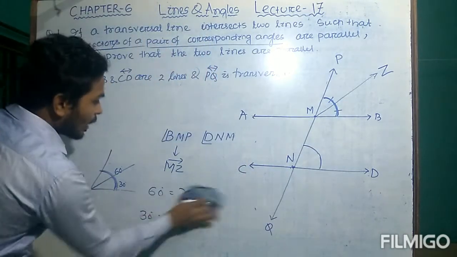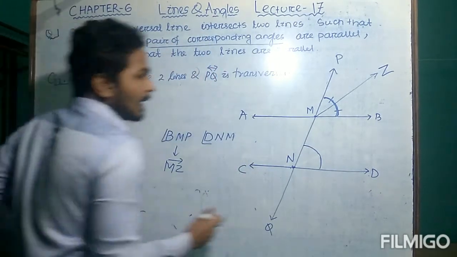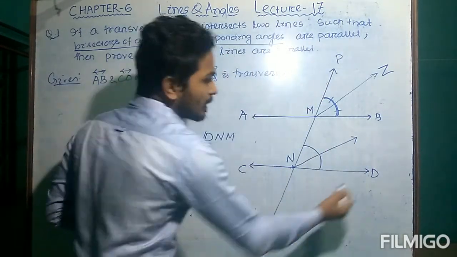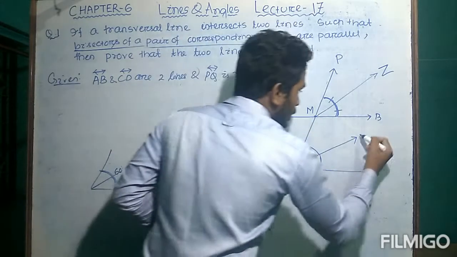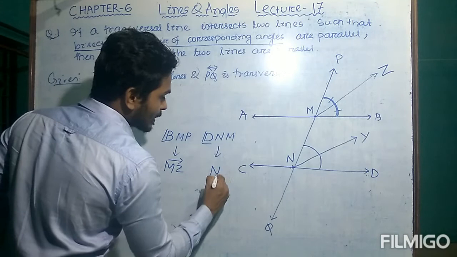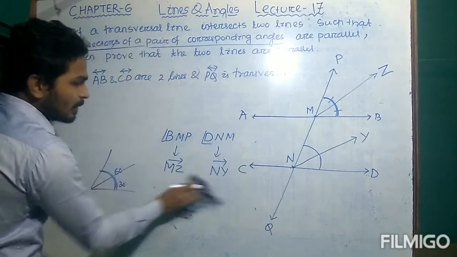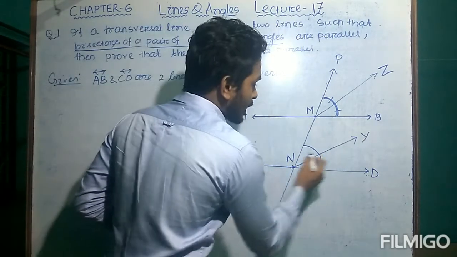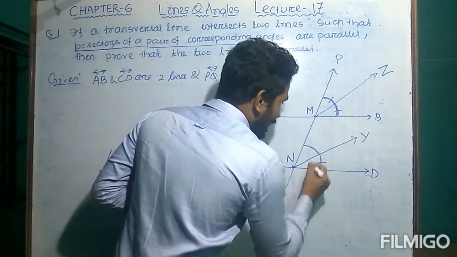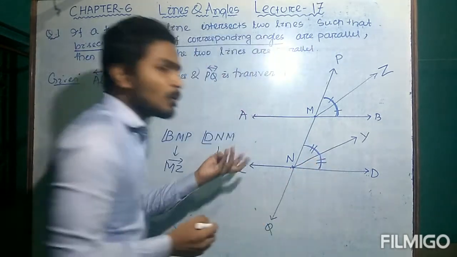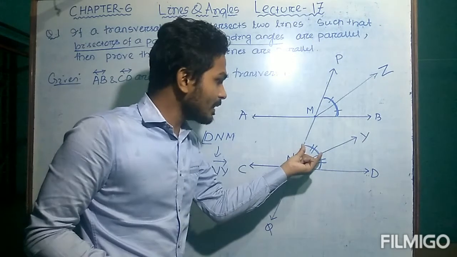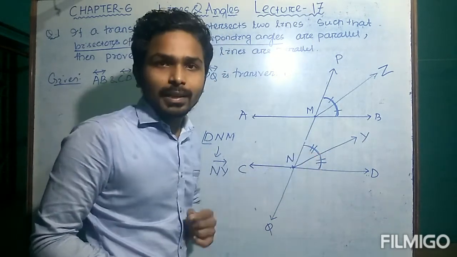Understood? Now, this is the angle bisector of the angle DNM. Suppose the name of the bisector is NY. So this angle bisector also divides this angle into two equal halves, so each half will be equal to half of the total angle.